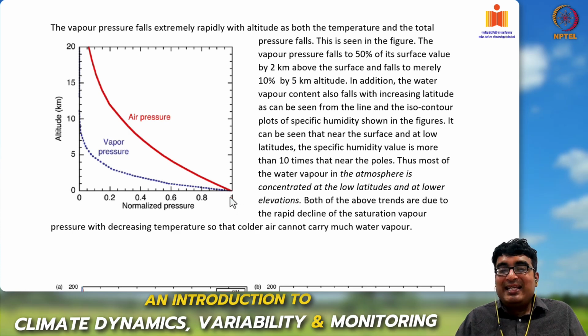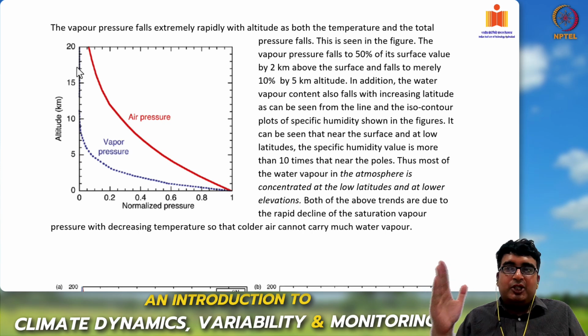So pressure at sea level, 1 atmosphere pressure, is taken as 1, okay. Now as we move up, the air pressure decreases very rapidly, and we saw that in the hydrostatic balance relation, that the air pressure is decreasing at an exponential rate with altitude. So the total pressure is decreasing, okay.